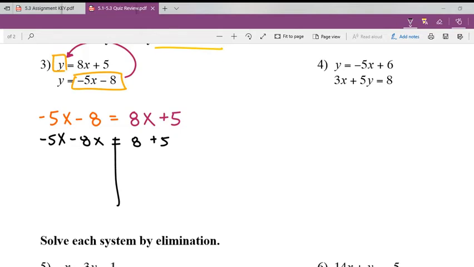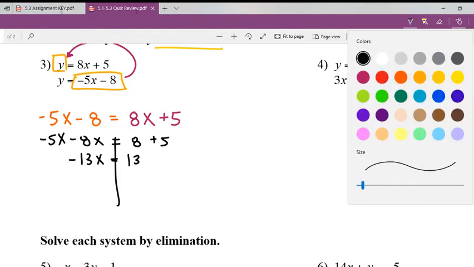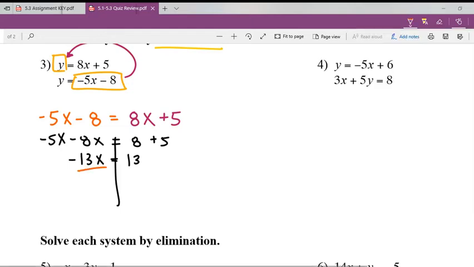Negative 5x minus 8x is negative 15x equals 13. Oh, wait, sorry, I added wrong. Negative 5x minus 8x is negative 13x. My bad. Then what do we do? What's our last step for this part? Yeah, very good. Divide by negative 13.